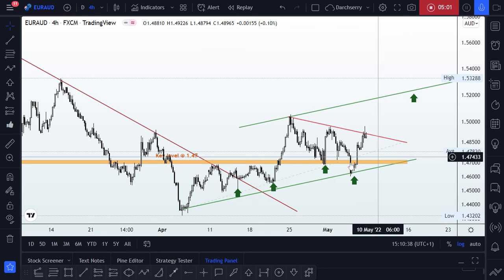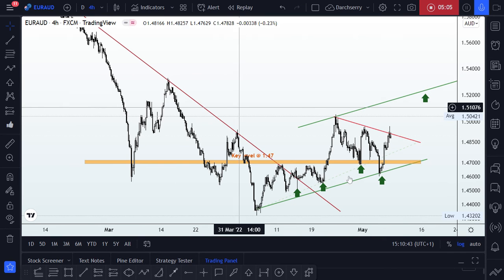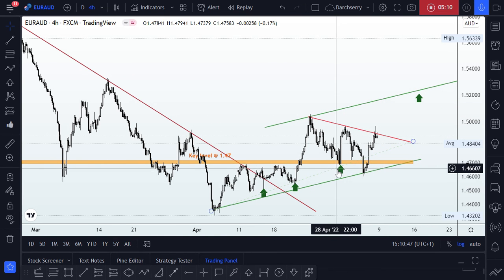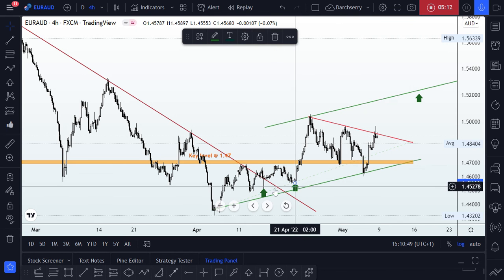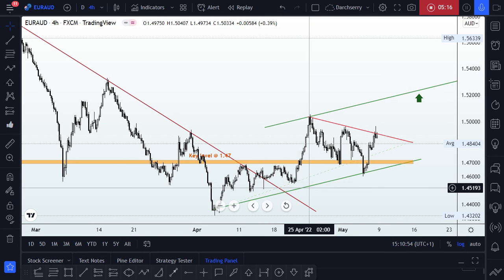So with both scenarios we've identified here, we really need to be patient and look forward to what price action will give us when the market opens to decide what we want to do on this pair. So we have two scenarios here.